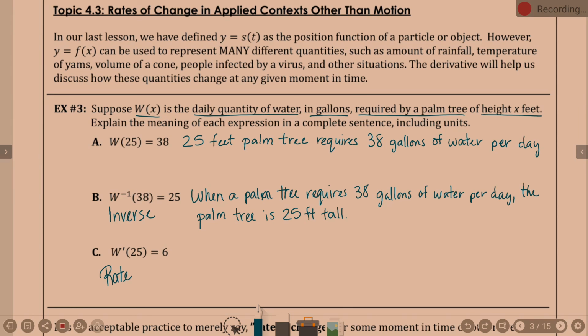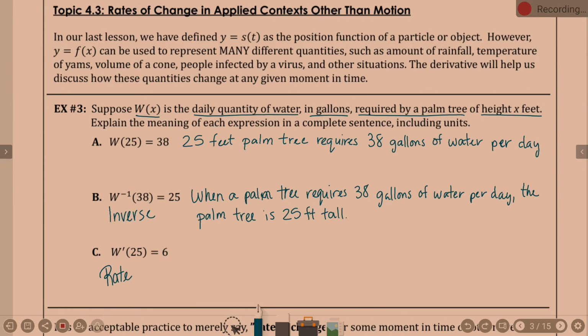Think in terms of rate of change here. Because it's a rate of change, we're saying that it's changing at a rate of 6 gallons per day. Sorry, my labels are getting all confused.